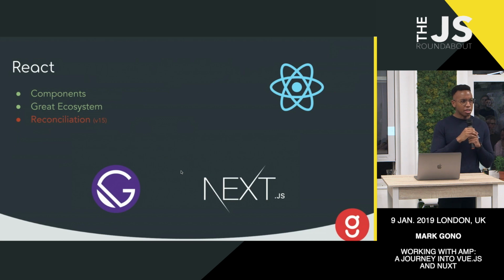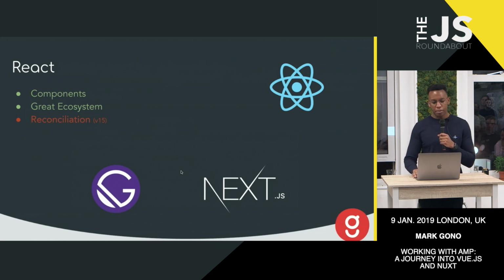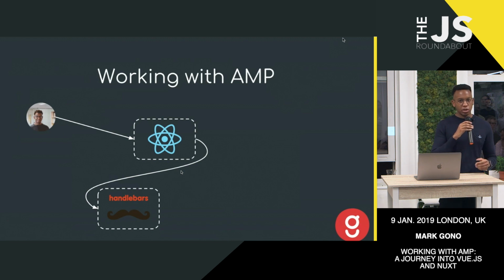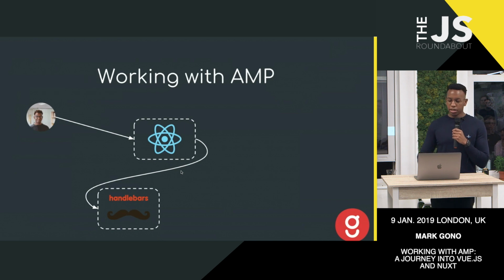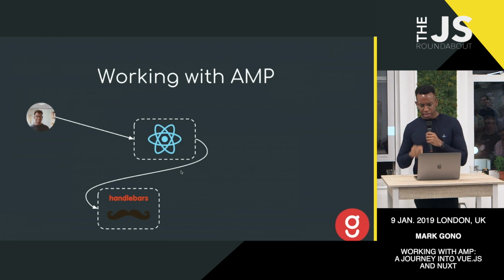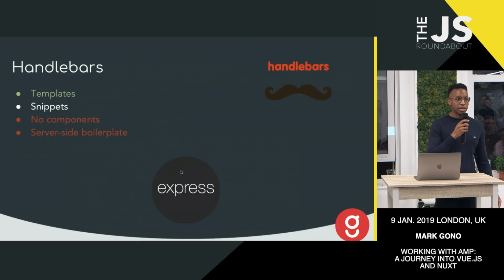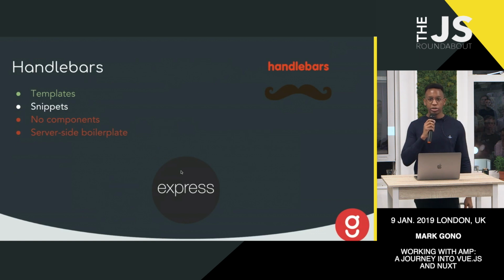So I decided to look at other means of rendering AMP pages. So the next step for me was, okay, if I can't do it in React and I can't bring it into our application, I'm going to have to create my own. So I'll take a look at the simplest way of doing that, which is Handlebars. Handlebars is a templating framework. It's similar to Mustache or Liquid if you've used those.